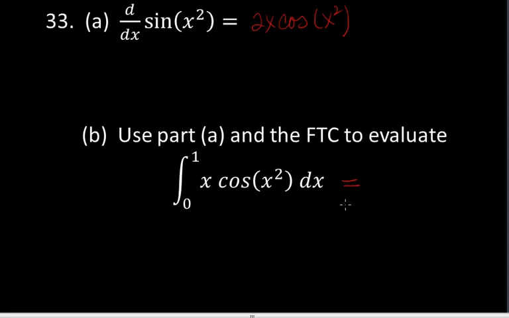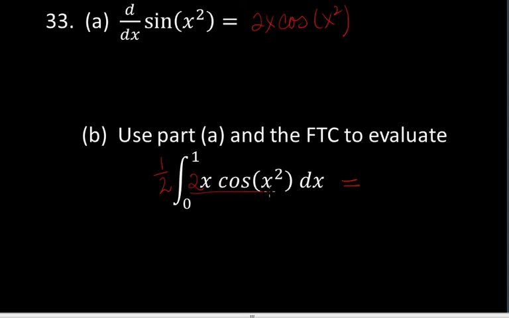Well, what we want is an antiderivative, and we will just evaluate it between 1 and 0. What is an antiderivative of x cosine x squared? Well, if we just had a 2 there, it would be the sine of x squared. But that's fine because we know that we can pull constant factors in and out from the integral sign, so I can multiply to the right of the integral sign by 2 and make up for it on the outside by multiplying by 1/2. Really, we've only multiplied by 1.